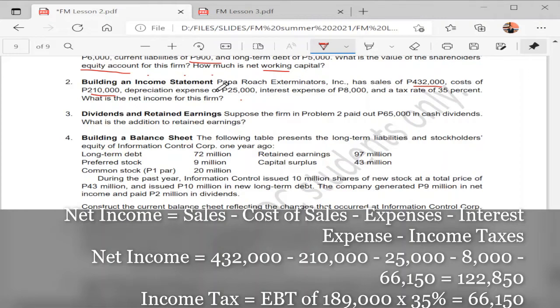Or you can shortcut the process. 189,000 times automatically 65%. We deduct the 35% from the 100% to get 122,850.